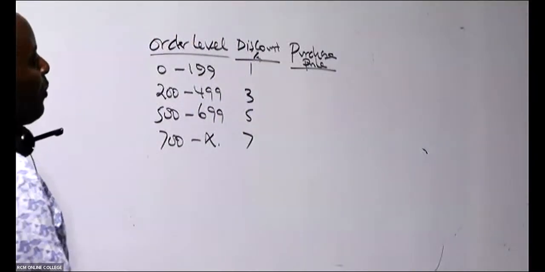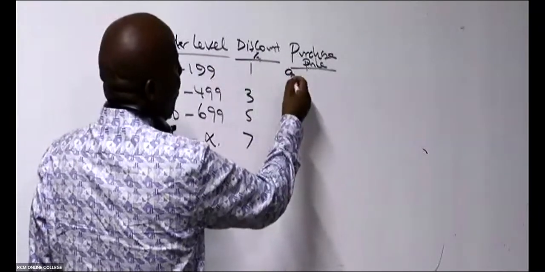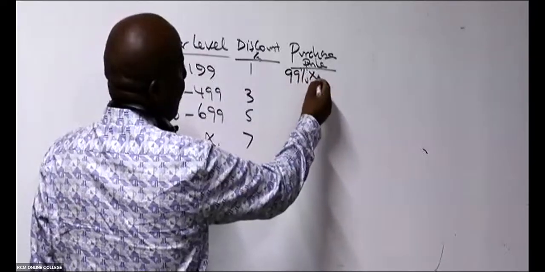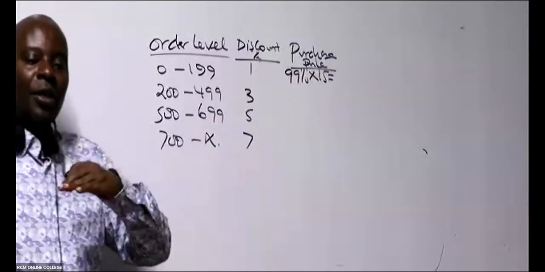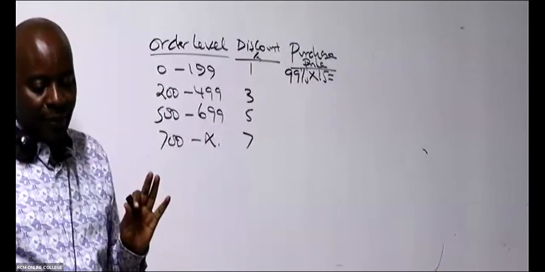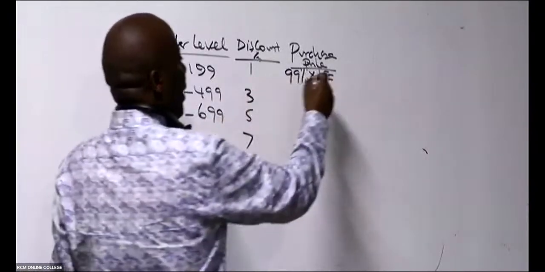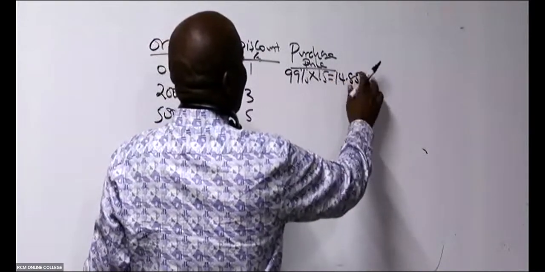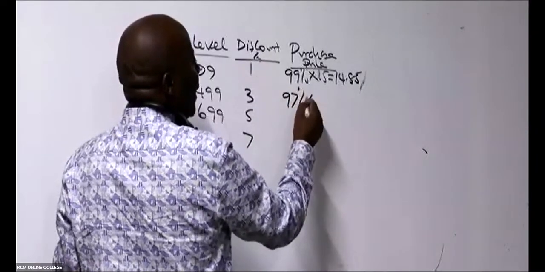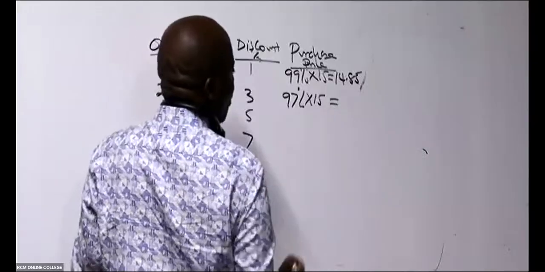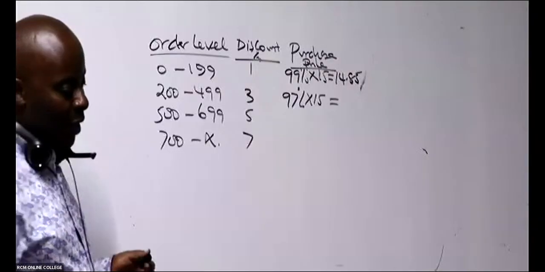It would mean that if I'm given a 1% discount for procuring units in this band, I will buy those units at 99% of 15, because the discount is taken away. So the applicable purchase price is 14.85. If I'm given a 3% discount, I'm procuring at 97%, so 97% of 15 gives me 14.55.